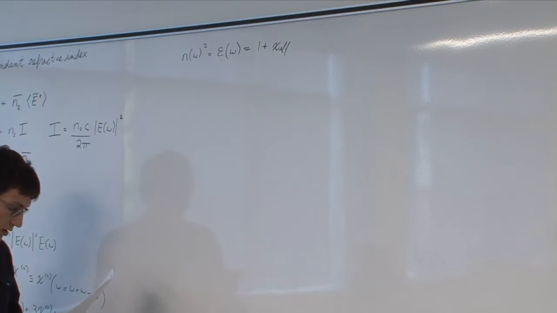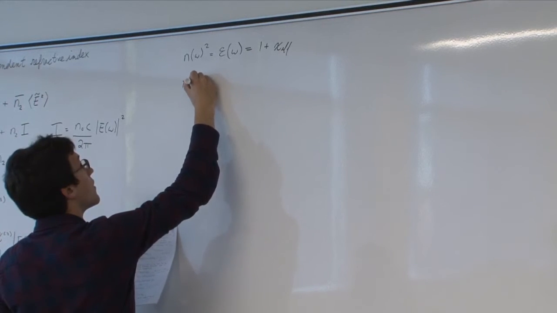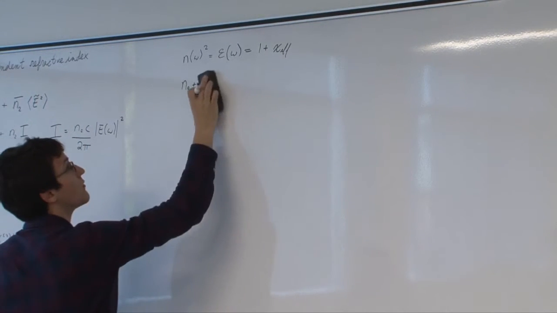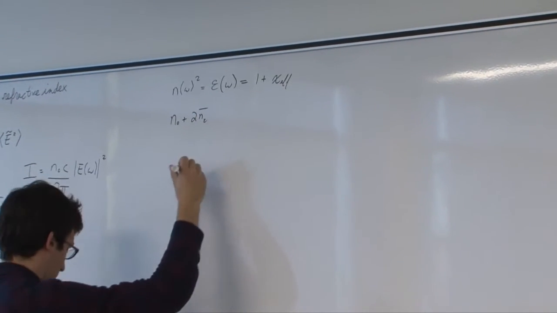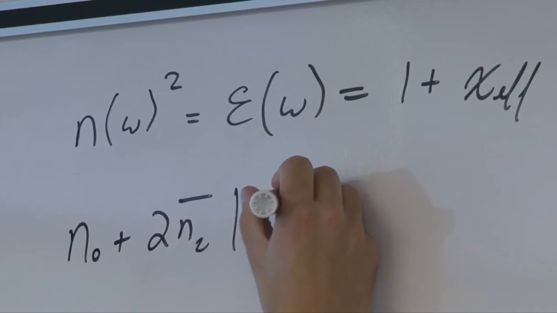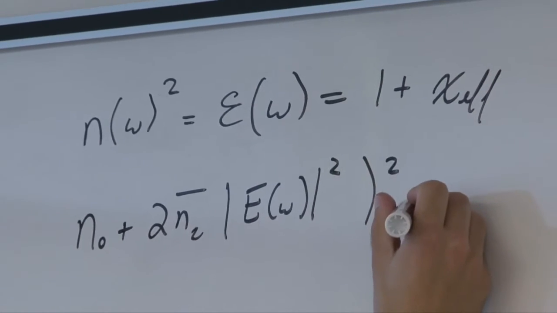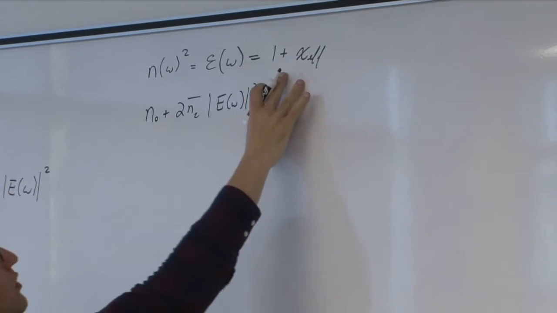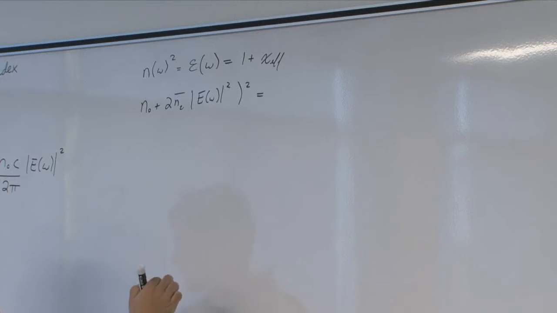And so one can write n naught plus n2 times E, all squared, basically just using this definition here. I'm just replacing the refractive index, and then I'll be replacing this expression by this definition here.